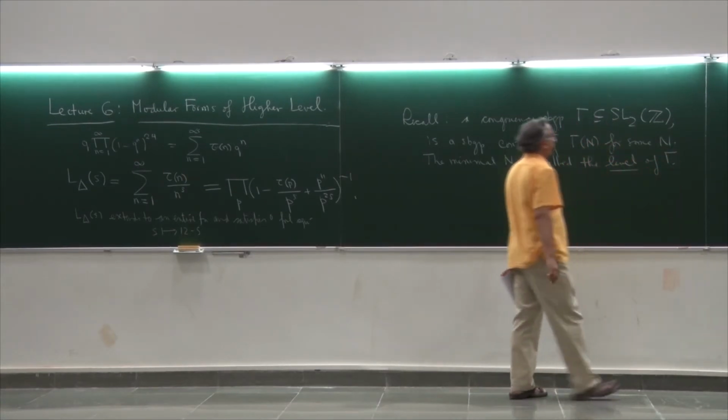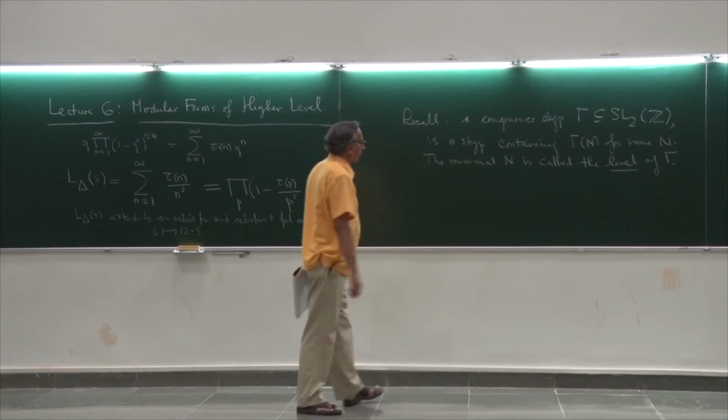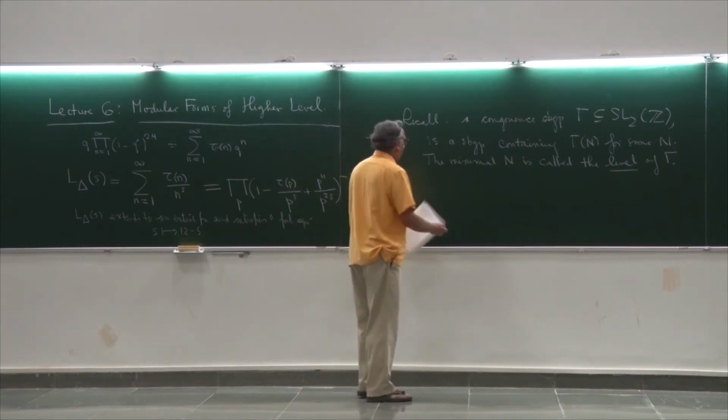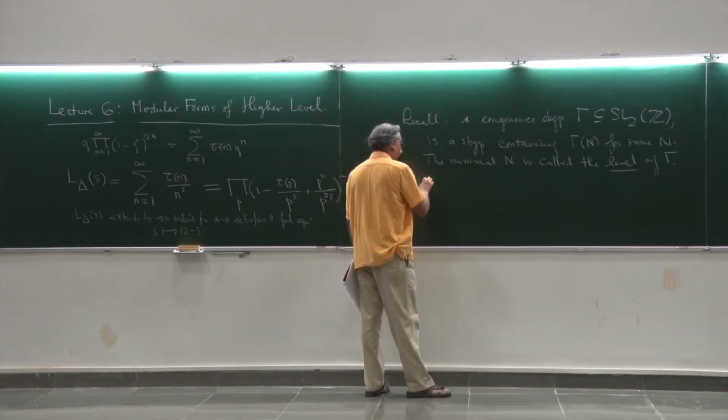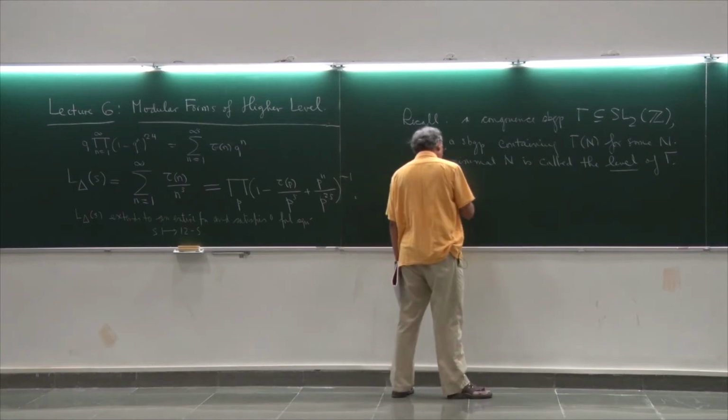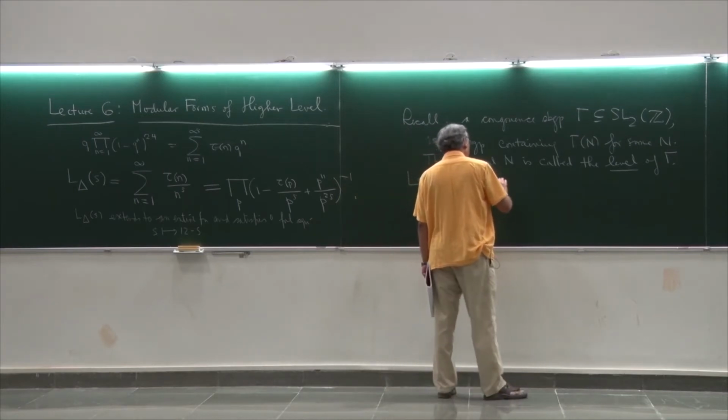So let's take a congruence subgroup of level n, and we will discuss modular forms with respect to that particular subgroup. So let gamma be a congruence subgroup of level n.